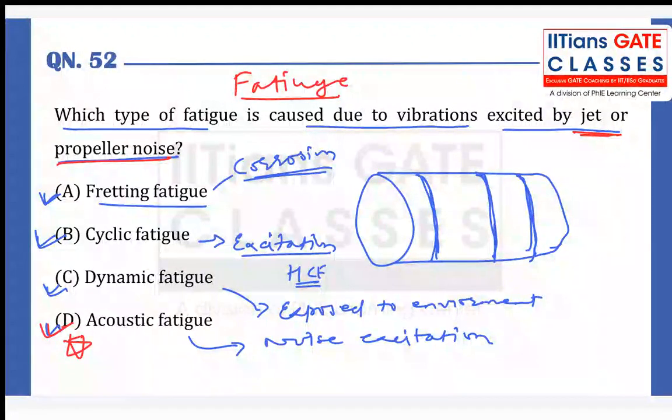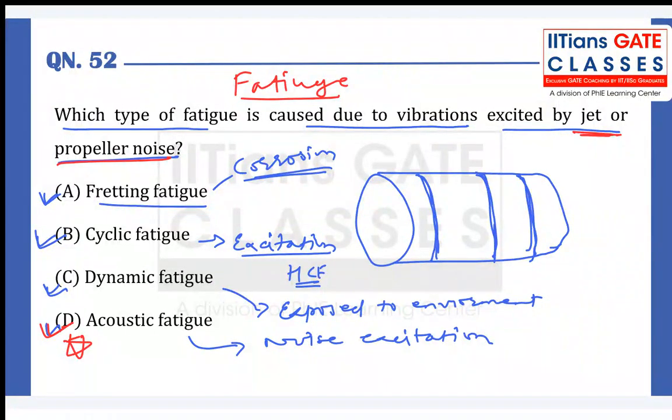They may ask questions on Miner's rule, stress ratio, alternating stress finding, and what low cycle fatigue and high cycle fatigue are. You should read it because it's part of aircraft structures if you work in industry. Clear?